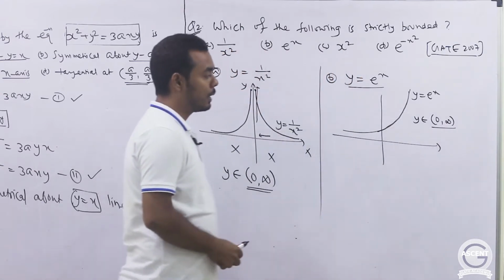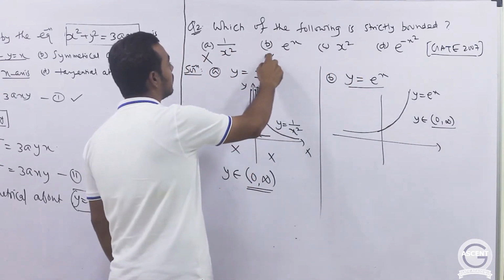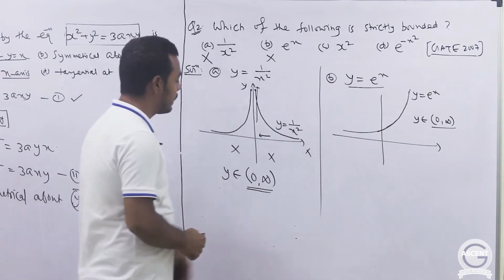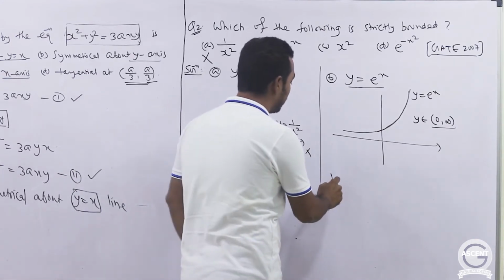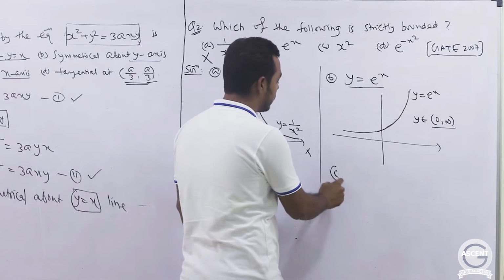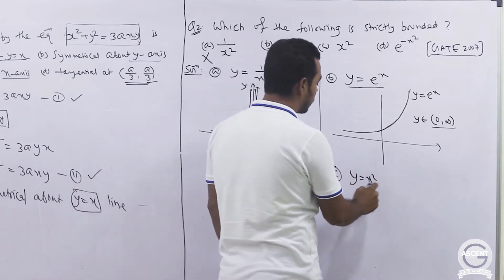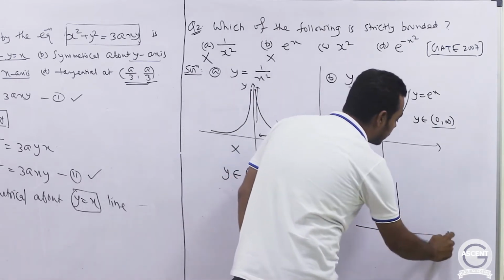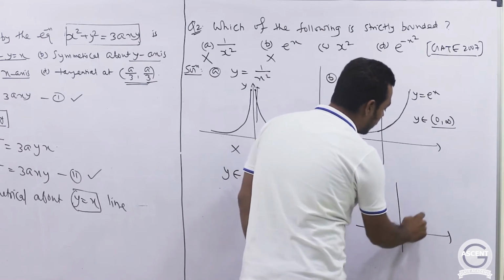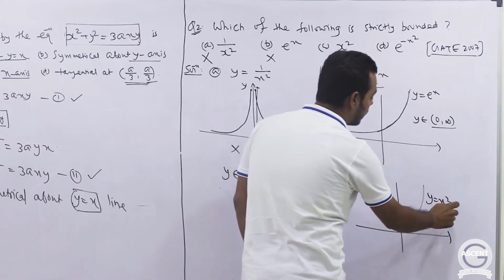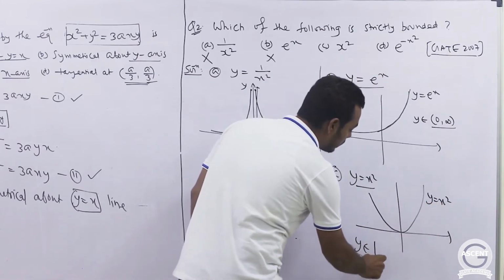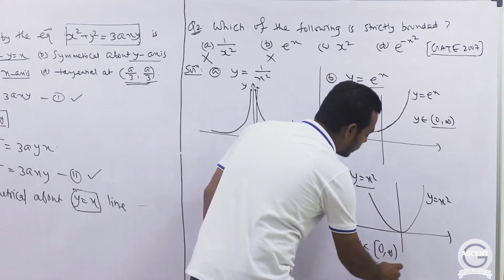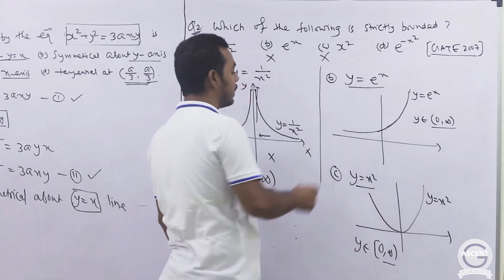Since you are getting infinity in the range, this is also incorrect. Similarly, option C is y equals x square. We all know this is an upward parabola. Here the range for y will be 0 to infinity. Since we are getting infinity, this is also incorrect.